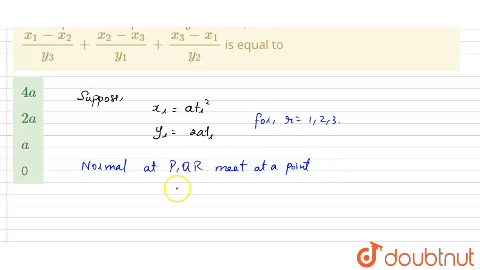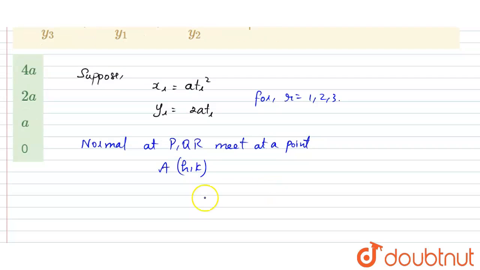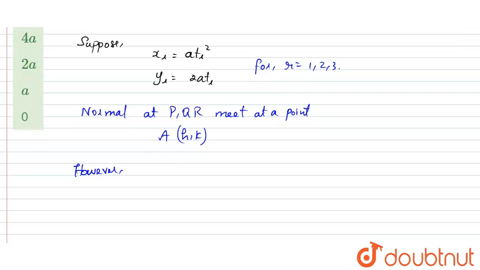I'm going to take the point A(h, k). Here t1, t2, t3 are the roots of the equation.